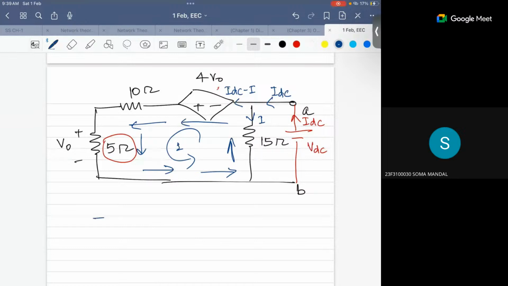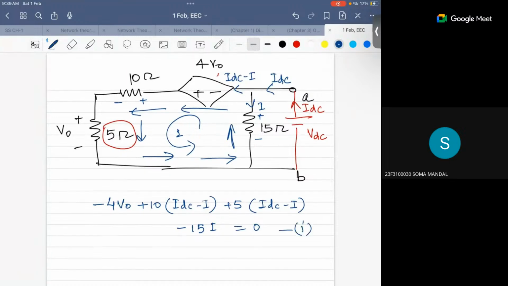Now minus 4 V naught, plus 10 times IDC, and the current is passing like this, so 15 I, but as we are moving in this direction, it will be minus 15 times I equals 0. So this is the first equation.